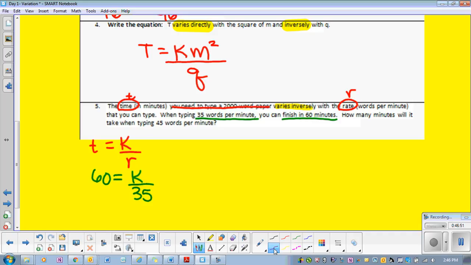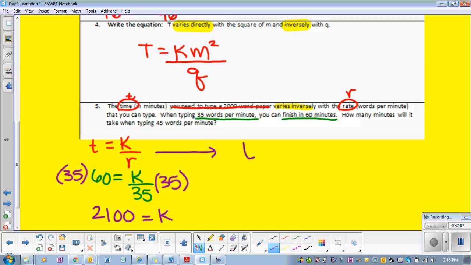So how do you solve for K? Good. Multiply by 35. So K equals? Good. 2100. So let me rewrite this. T equals 2100 over R. Now they're asking you how many minutes will it take when you're typing 45 words per minute?